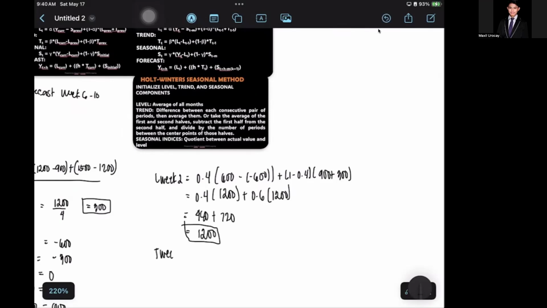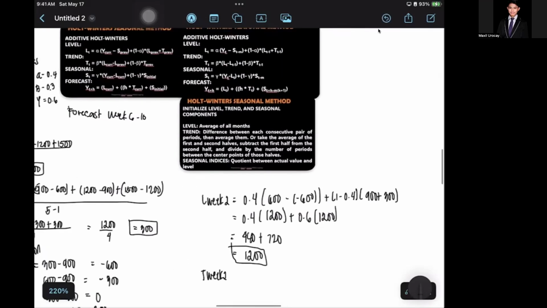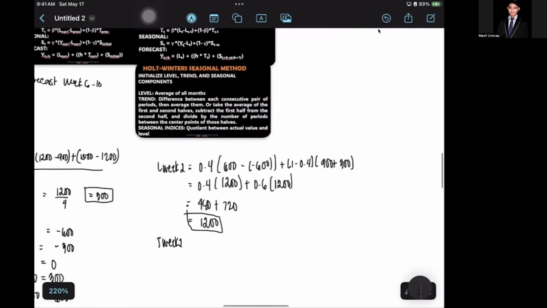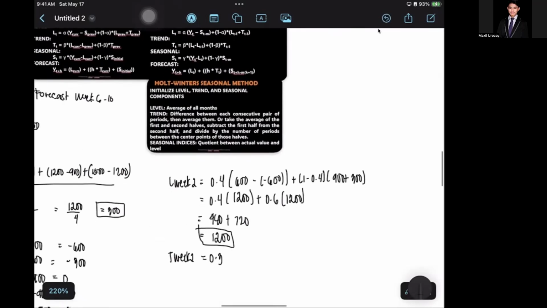So for the trend of week two, that is using the formula of beta. Your beta value is 0.3. Then times the current level, which is 1,200. Then minus the previous level. What is the previous level?